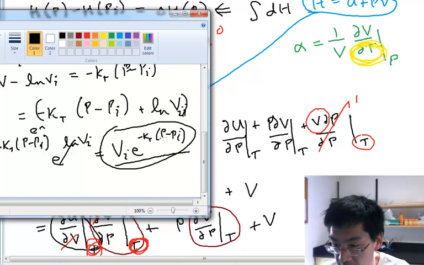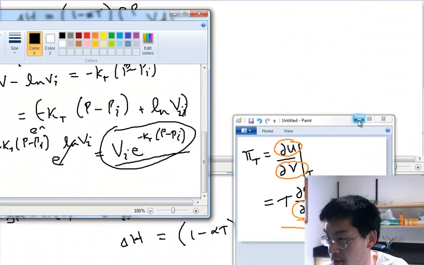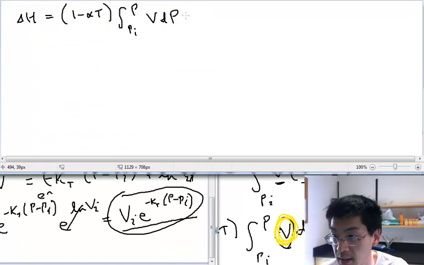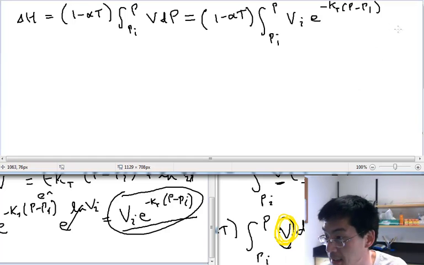So V was just Vi exponential minus kappa T P minus Pi. So let's get back to the most recent page here. Here it is. So this equals 1 minus alpha T integral Pi to P Vi e to the power of negative kappa T P minus Pi, and then there's a dP.